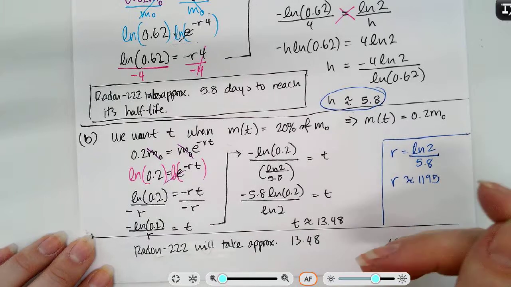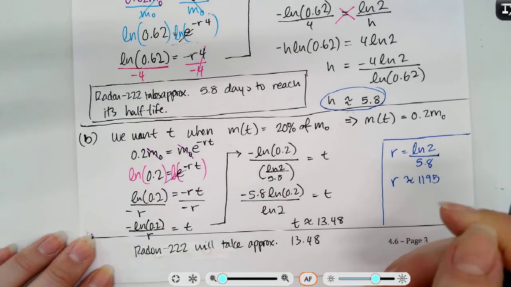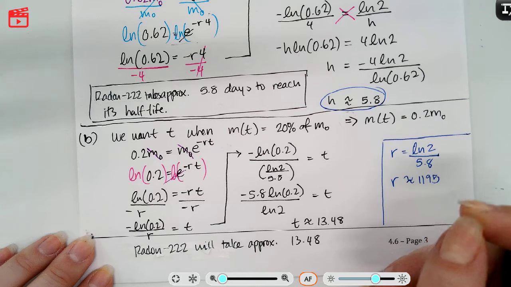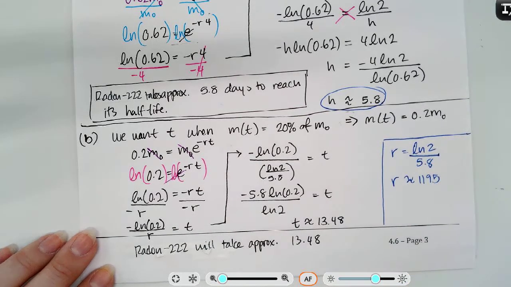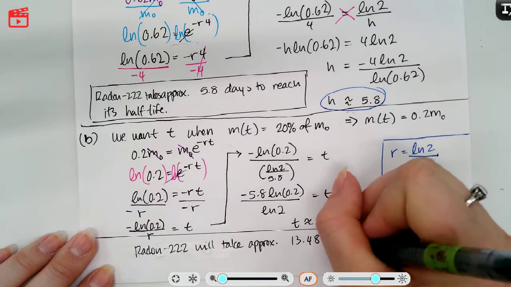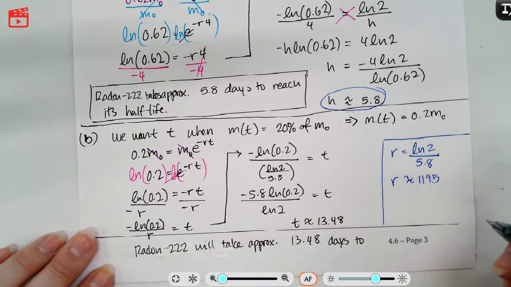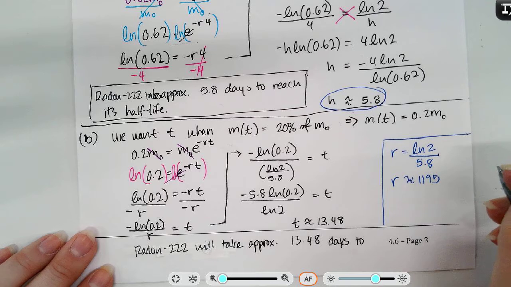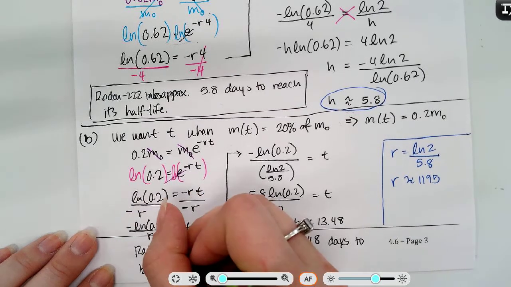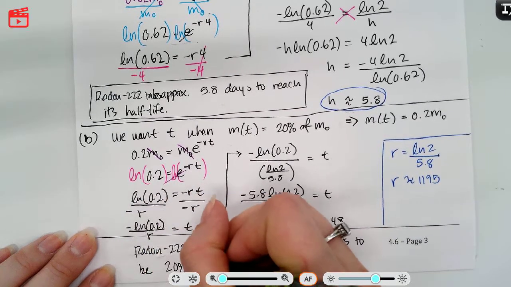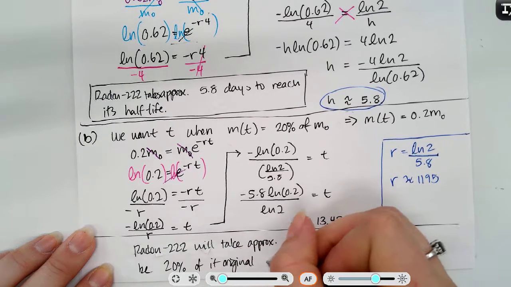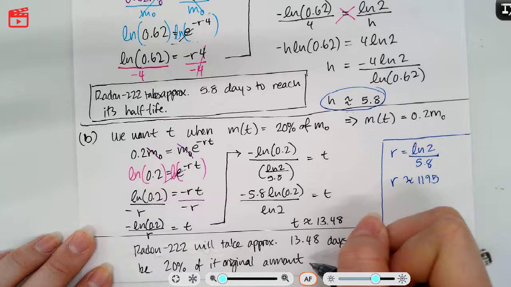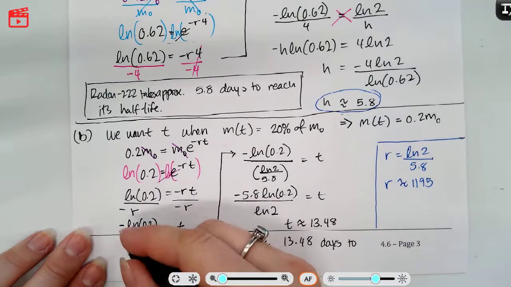And what was time in terms of? Days. To do what? To be 20% of its original amount. And done.